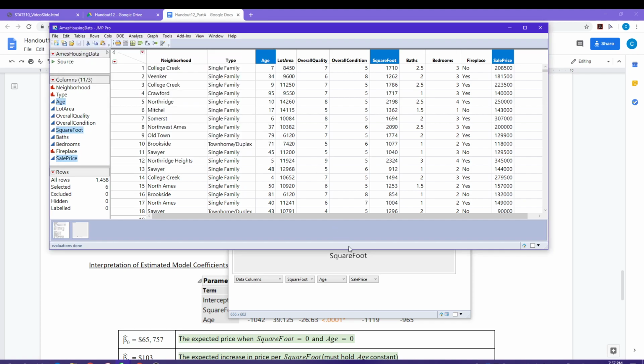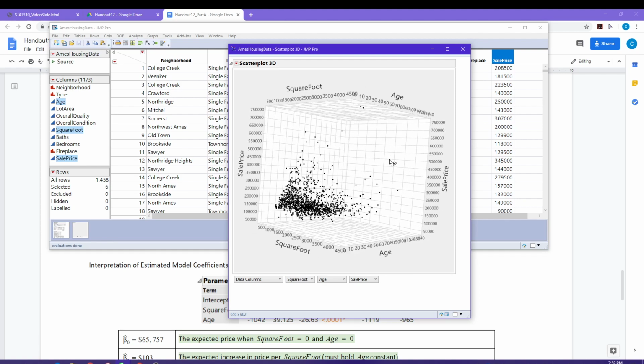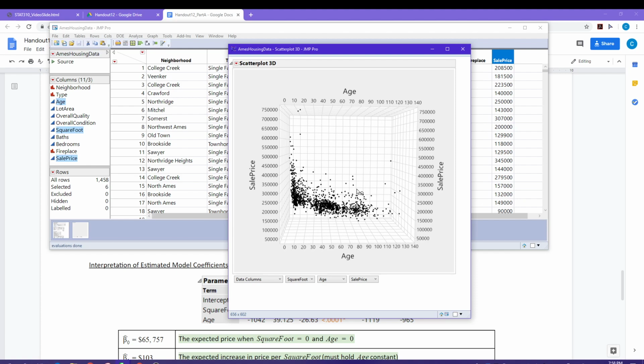In doing that, it's going to set sale price here on the y-axis for me. It's not that big a deal if you don't do it in that order. Just down here in the bottom, you can switch that around. I need to turn this graph if I want to understand the effect of age.